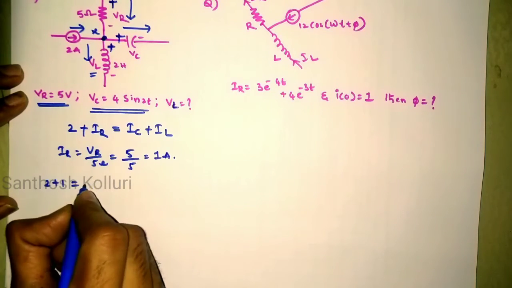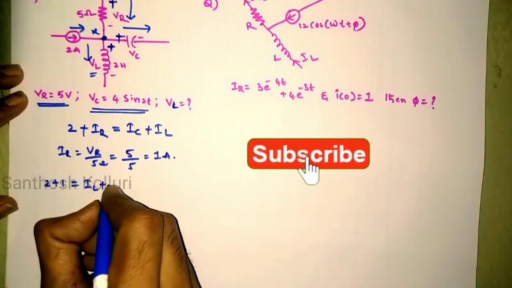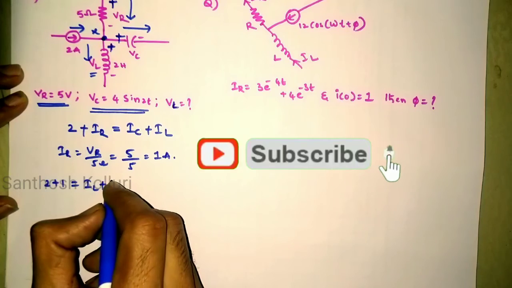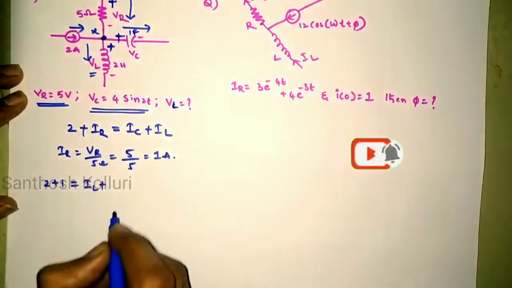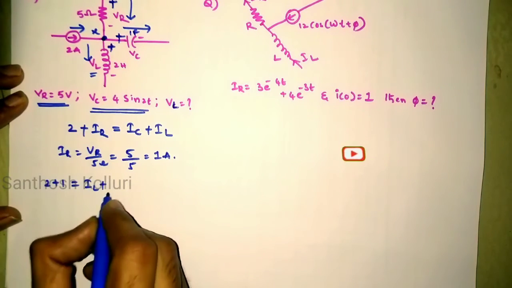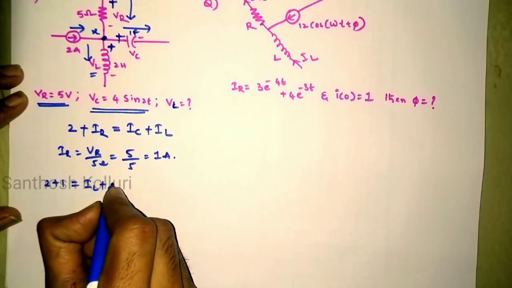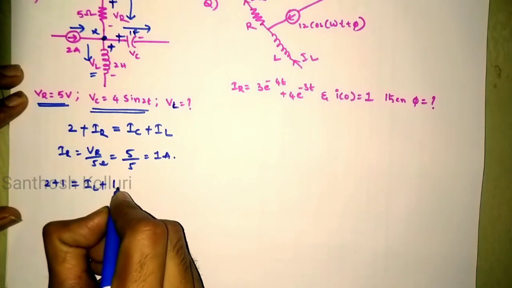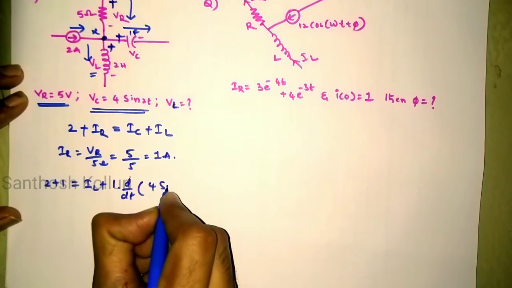The current flowing through the capacitor can be written as C into dV by dt. C is given as 1 farad here. The voltage across the capacitor is given as 4 sin 2t. So the capacitor value is 1 farad and d by dt of 4 sin 2t.